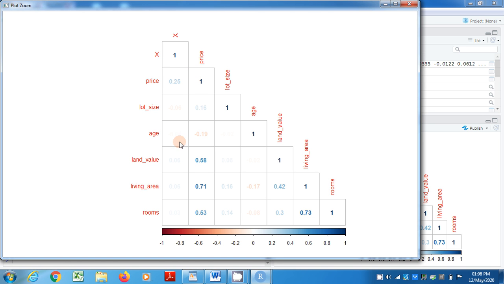You can see red colored, right? Red colored, and that was hidden. So hidden means those values are not affecting the price. Lot size also, we will see that in another way also.